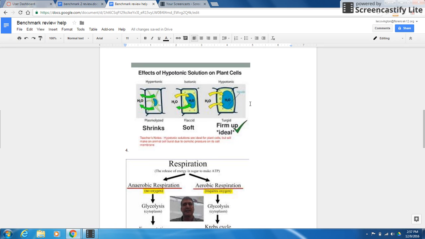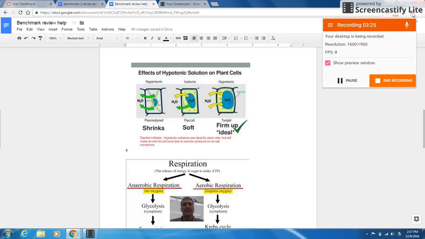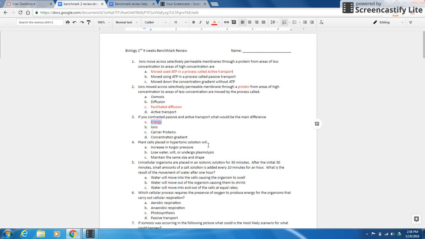It gives that solution the ability to actually shrink. So here's your hypertonic, here's an isotonic, and then here's a hypotonic. Be careful when you're reading those, and make sure you read the words, the hyper, and don't mess those up. So this would be B.